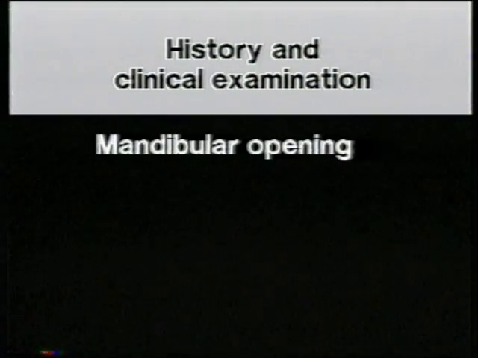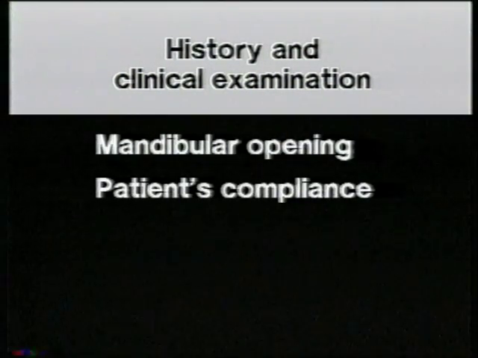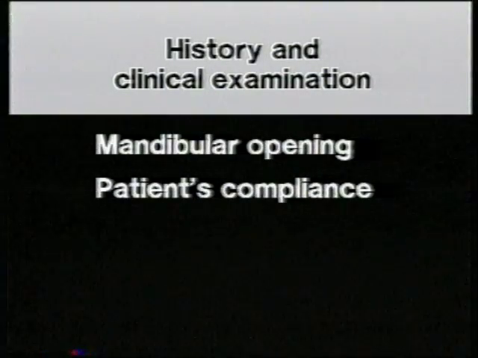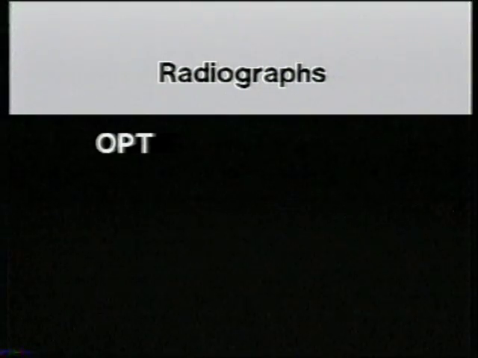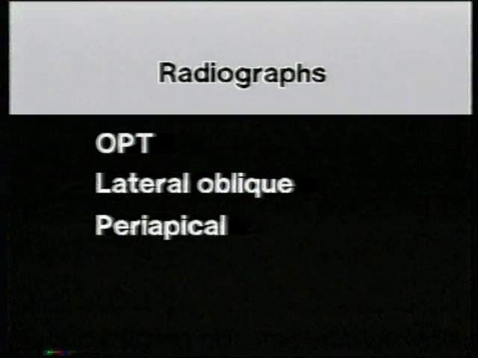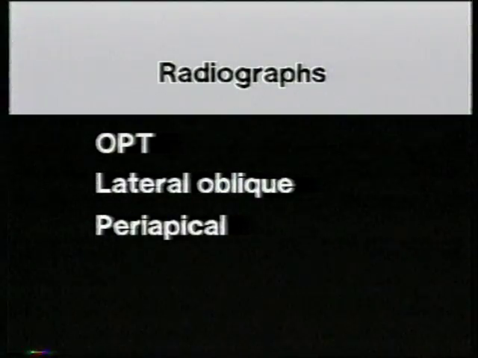First, the history and clinical examination. At this time, the degree of mandibular opening and the patient's compliance can be assessed. Next, we need to obtain appropriate radiographs, that is, an orthopantomogram or lateral oblique, and periapical views of the third molars.